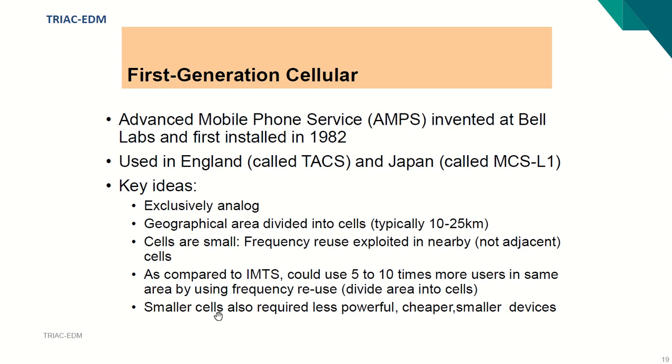Smaller cells also require less powerful, cheaper, smaller devices. The reason is that if you have a large cell, imagine this, what do you need for a large cell? You need a more powerful transmitter and receiver, because for a large cell, the distance is going to be large.